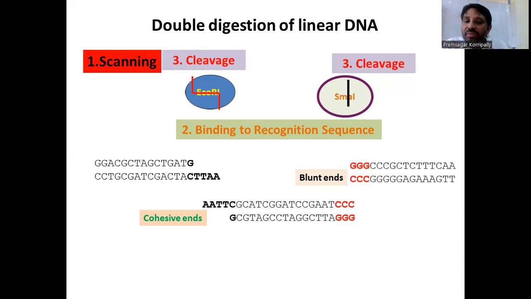So without wasting much time, you can do the double digestion when they have compatible buffers. When they have a compatible buffer, two enzymes can be employed during digestion and release the insert molecule from that clone. So this is all about the single digestion, double digestion, and digestion of the linear molecule and circular molecule.